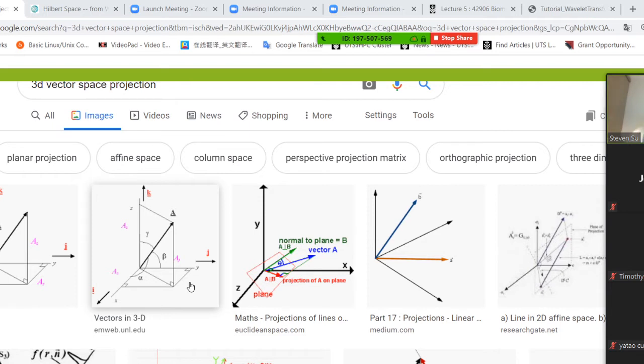So for Fourier series, what are the axes? Do you still remember? The axes are the sine and cosine functions and the DC component. You treat a periodic function as a vector, and then you project this vector to all the axes.